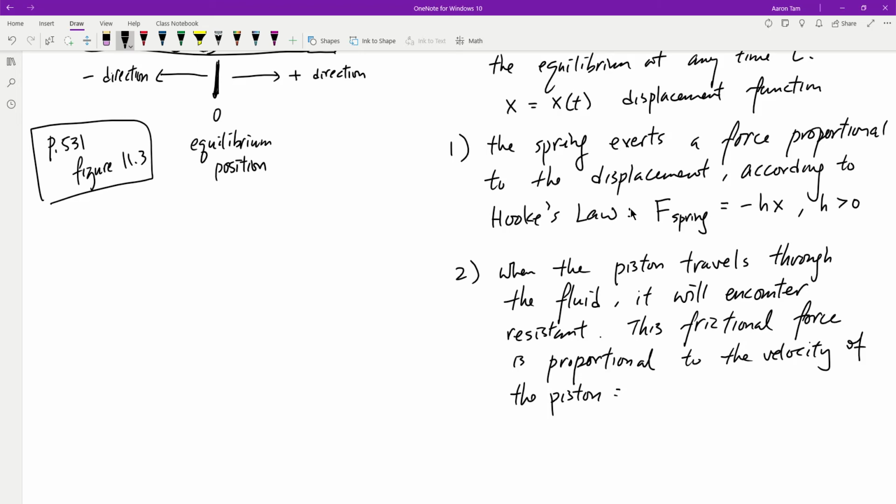And remember what I told you, that is extremely important because it makes the differential equation a lot easier to solve. So even though in some cases these might not technically be constant, they might vary slightly, we will treat them as constant just to make the math easier. And then eventually, if you learn more math, and it's hard to believe that there is more math for you to learn, then you might learn how to deal with it when they're not constant. So this force, I'm going to call the friction force.